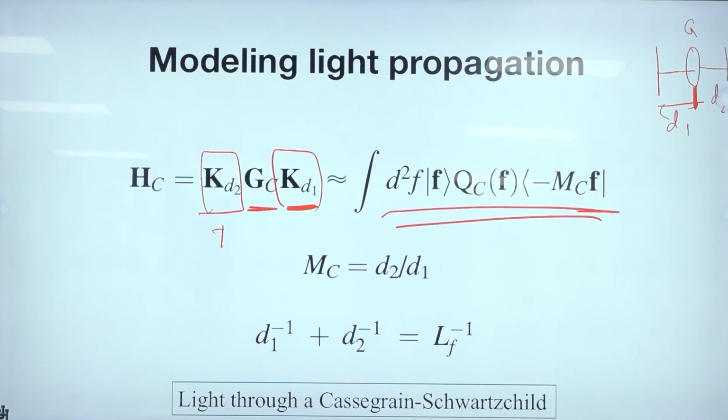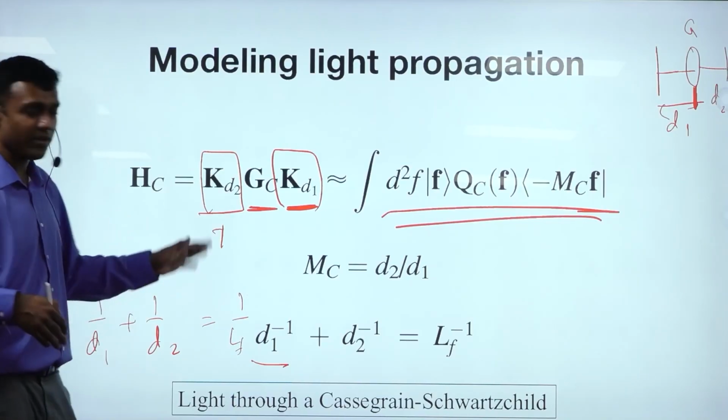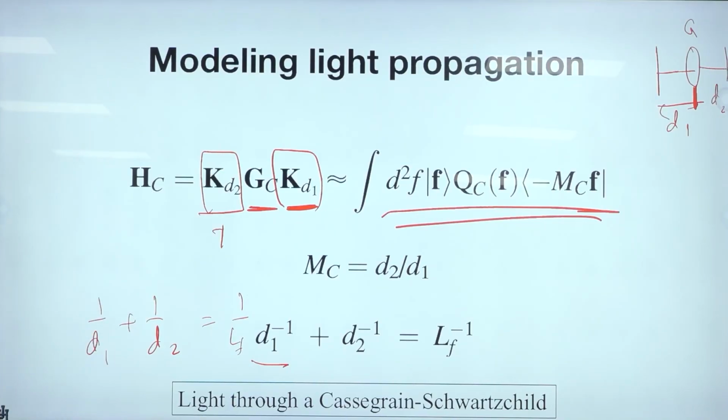In fact, 1 over D1 plus 1 over D2 is equal to 1 over F, the focal length. This is the lens equation which we have seen before. Although this is not a lens but a Cassegrain, the same type of equation is valid. Then there is also the second thing, which is magnification.